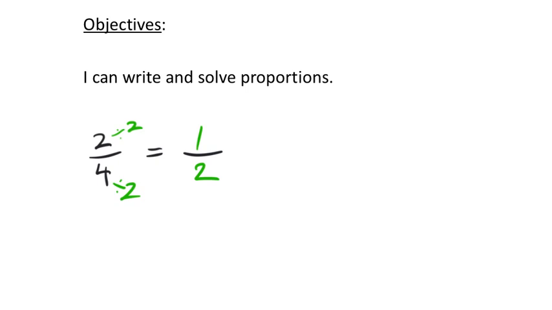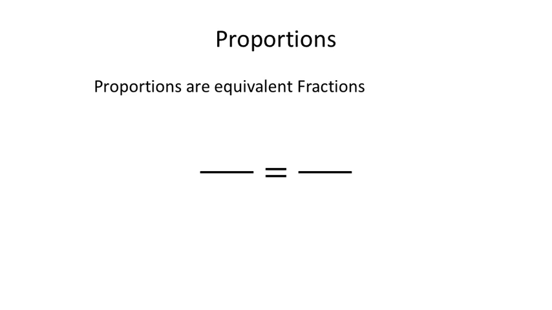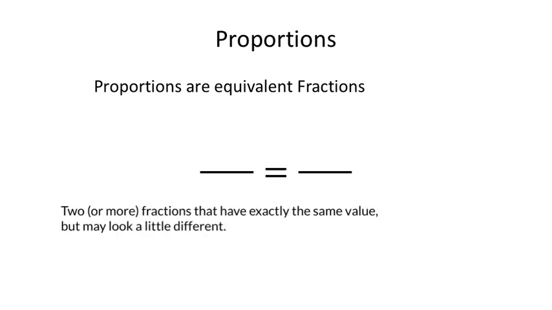That'd be something like 1/2 right here. That's all a proportion is. It's just two or more fractions that have exactly the same value. But it is possible that they can be shown differently.